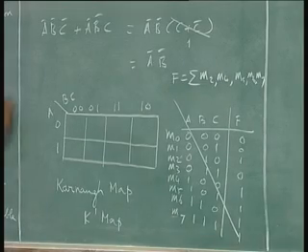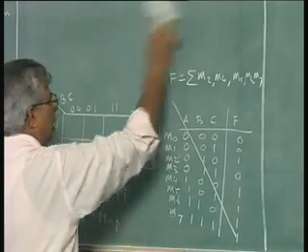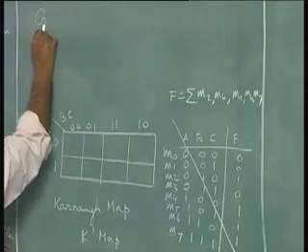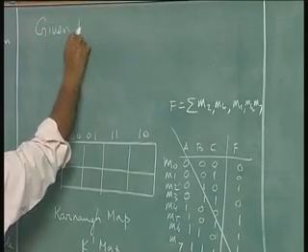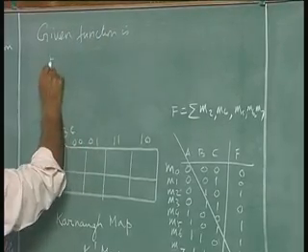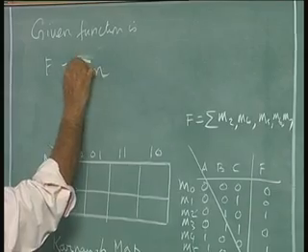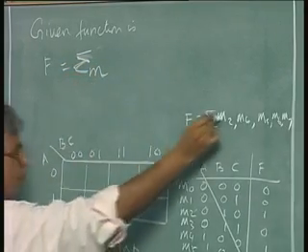So, if I now say my function is, I will remove this now, given function is f is equal to sigma m of the minterms, instead of even having to say m repeatedly.